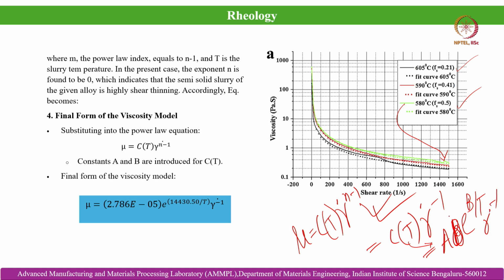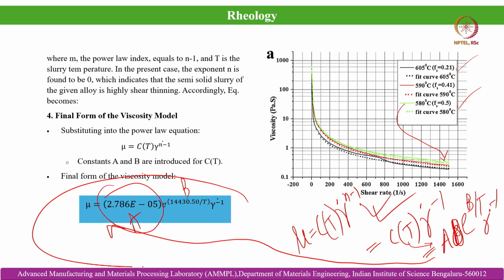These are the constants which are evaluated from rotational viscometry using a Searle type rheometer. Here the value of A is this one, and the value of b is this one. So, this is b, this is A, and this is to the power gamma dot to the power minus 1.